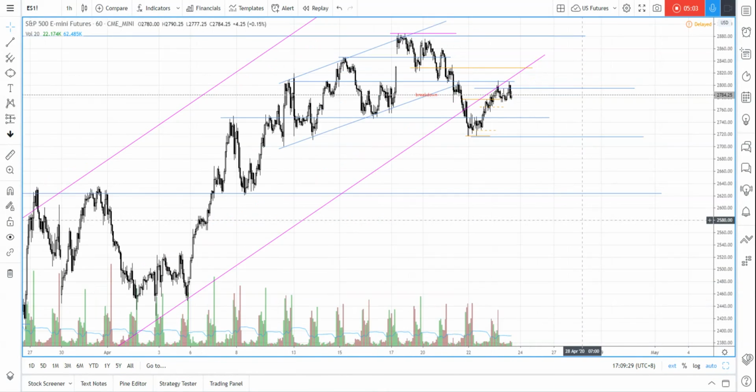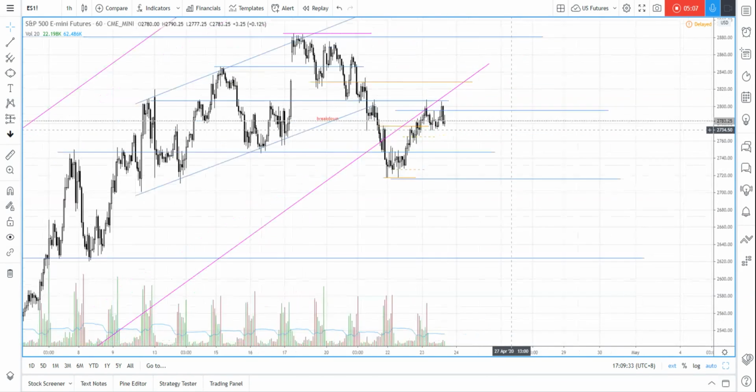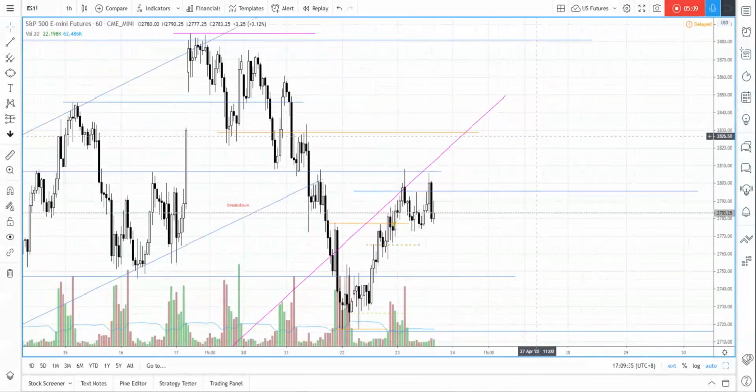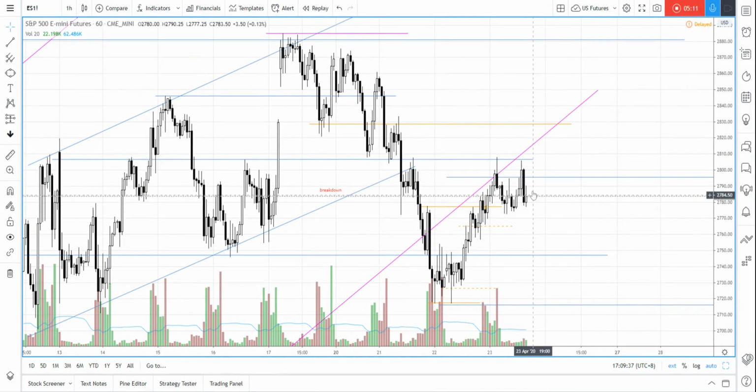So back to today's setup. I think one of the good setups could be to have a short entry around this area, 2800 to around 2807. So this entry here is actually good for a short entry with a stop above the swing high, obviously.